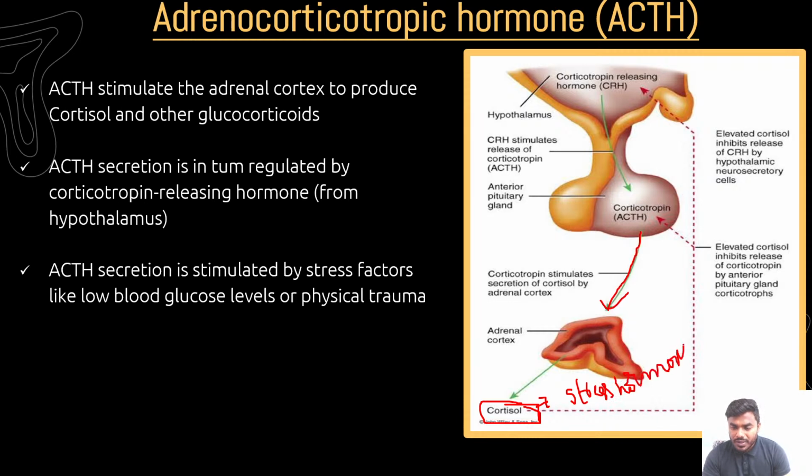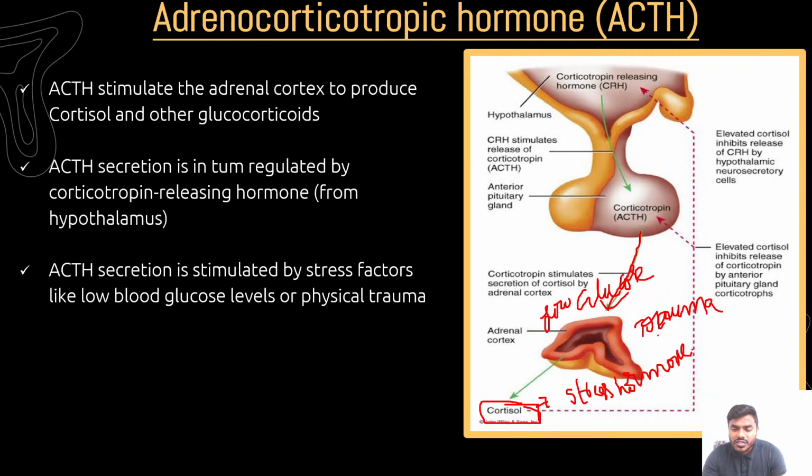You have to remember the point, which means that the cortisol is not at all released in the body every single time. Cortisol is going to be released whenever we are under a stress condition, whenever our body contains a very low glucose level, whenever we are under a trauma condition. Trauma means what? Internal injury, internal bleeding is happening.